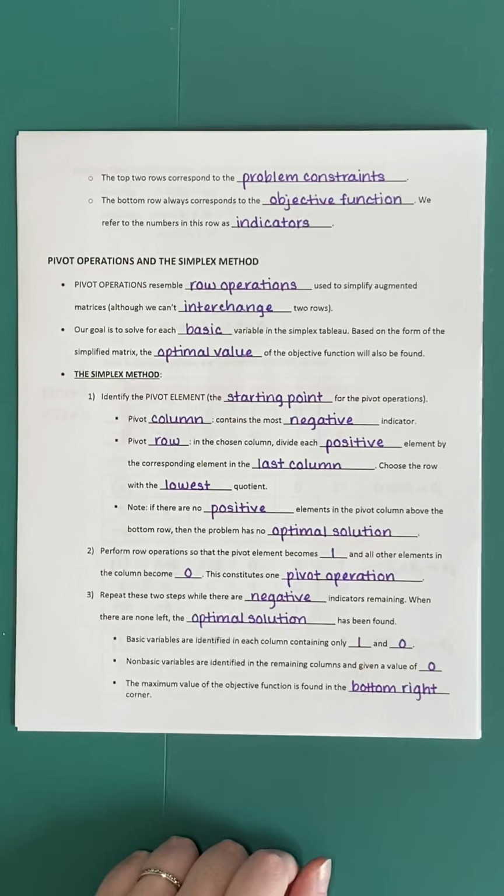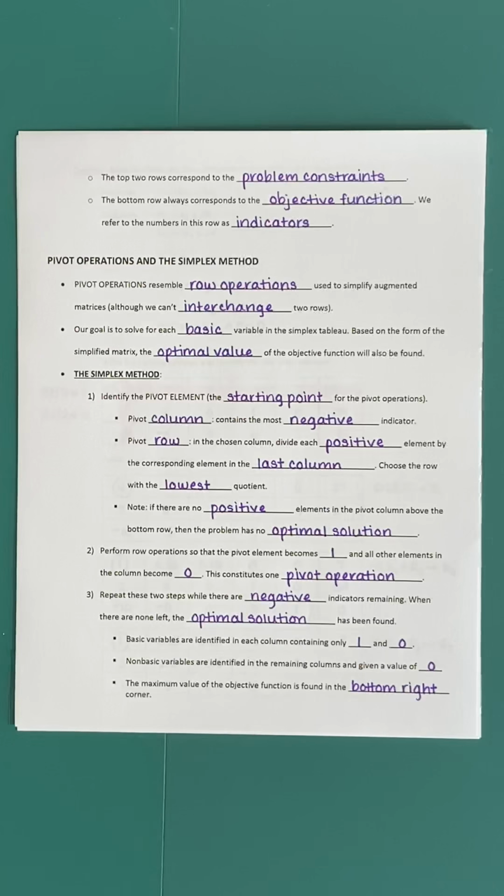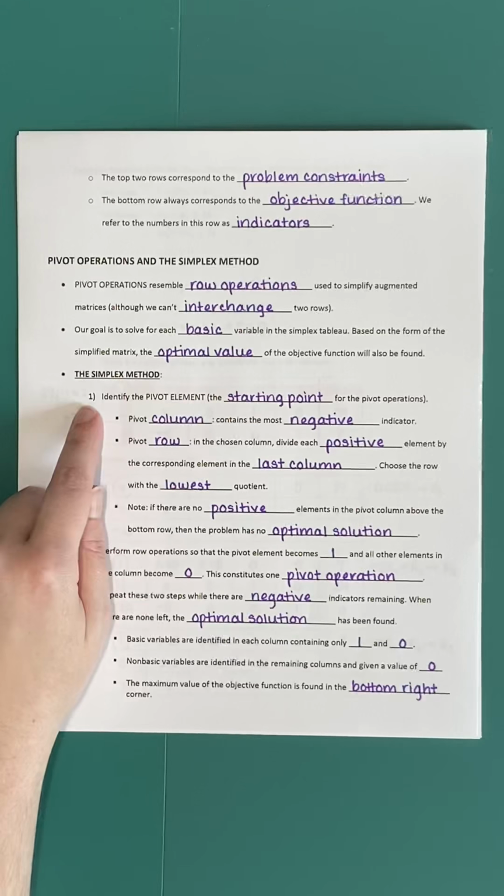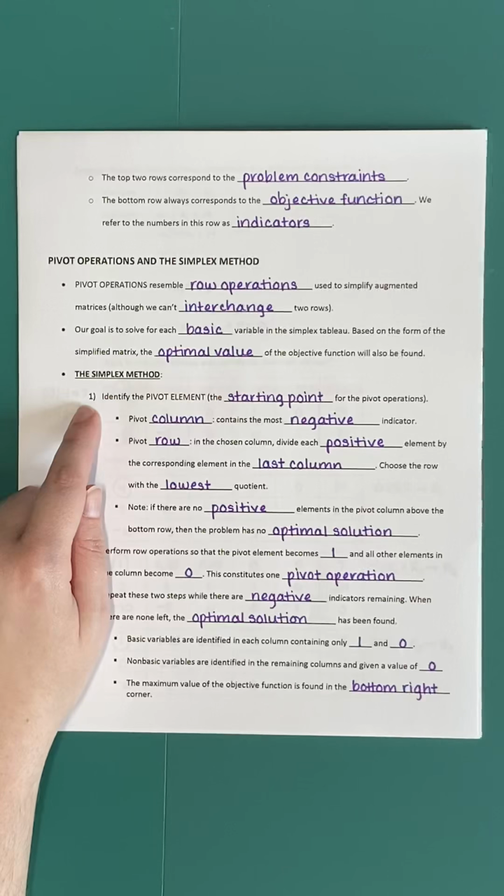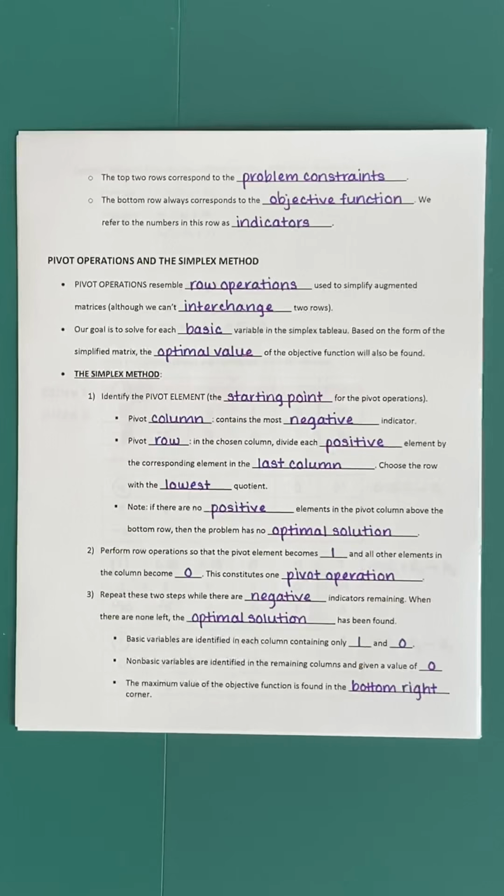Once we're done with that, we're then going to repeat. So we repeat this test for determining the pivot element. So look for the next column that has a negative in the bottom, or maybe we have more than one. It's possible we could have more than one. We look for the next column with the next most negative element. That's going to give us the pivot column. And then we do the same thing to determine the pivot row again.